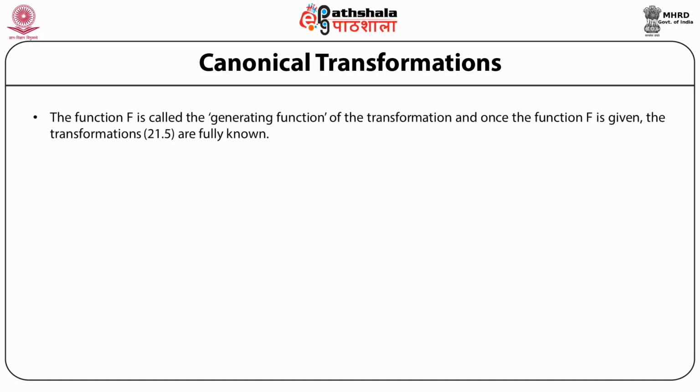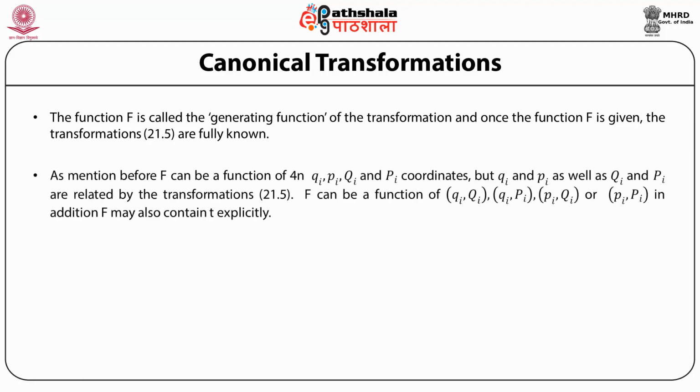This function F is called the generating function of the transformation, and once the function F is given, the transformations are fully known. The transformations from the old coordinates to the new coordinates and old conjugate momenta to new conjugate momenta are completely known. As mentioned before, this generating function F can be a function of 4n old and new coordinates and conjugate momenta.